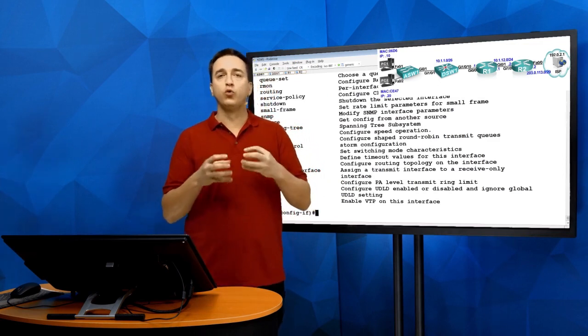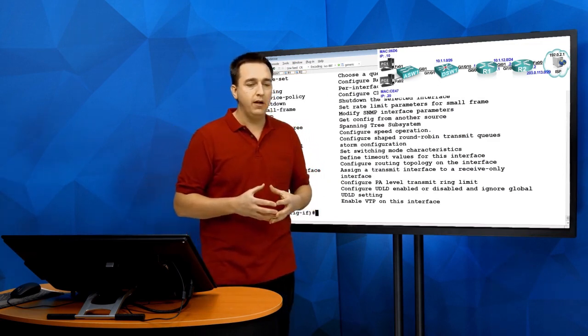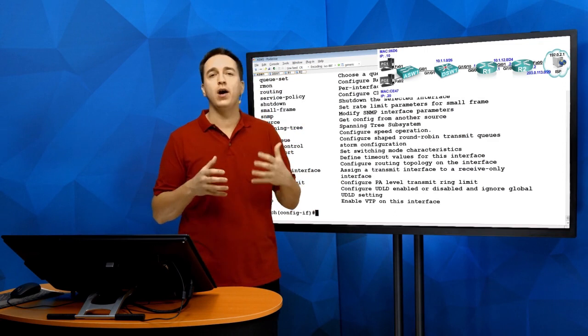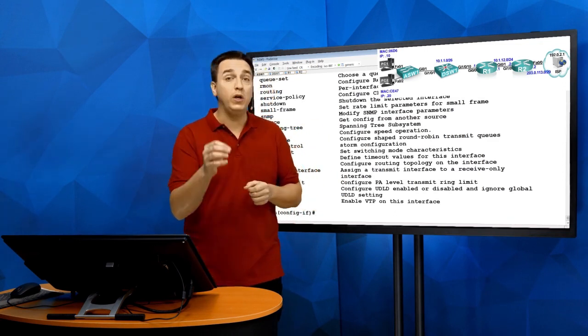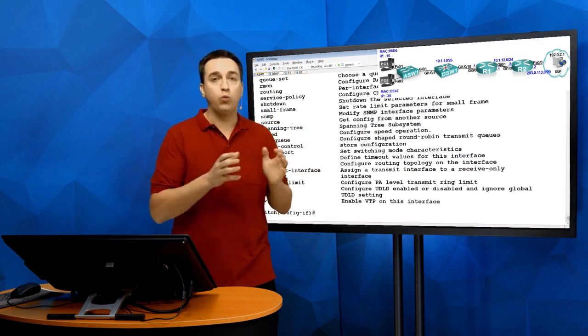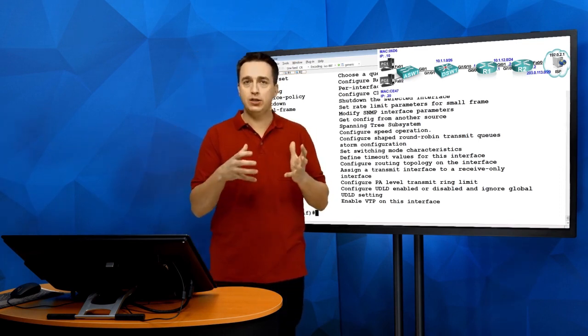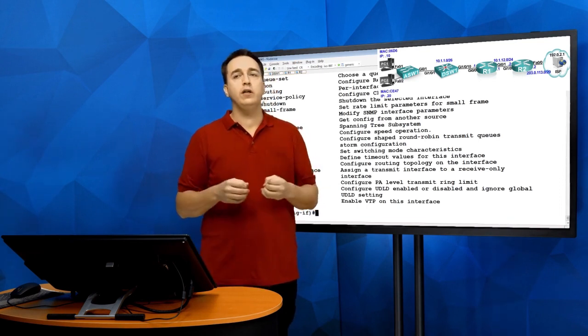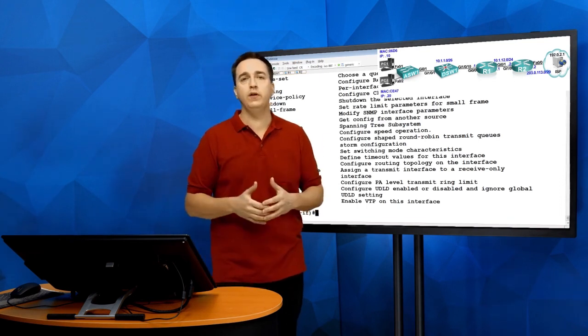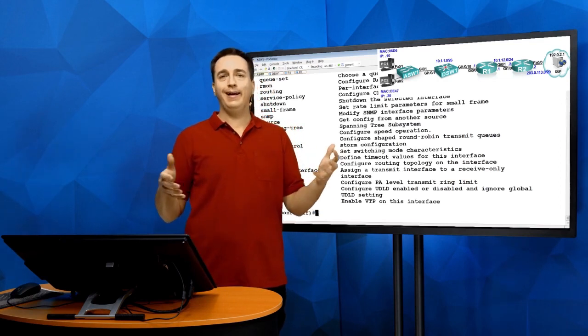So what do you really want to take away from this? What you want to take away is that there's no possible way you can memorize every single command in the operating system. But what you can memorize is where to go to accomplish the tasks you want to complete. So if you want to configure speed, do you do that in global configuration mode, or do you configure the speed on an interface?